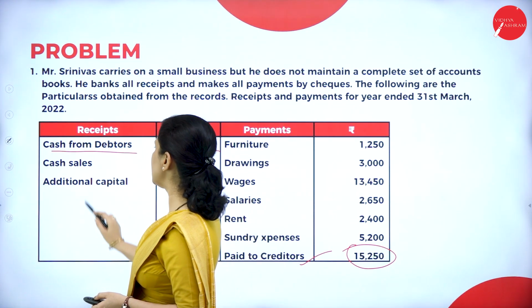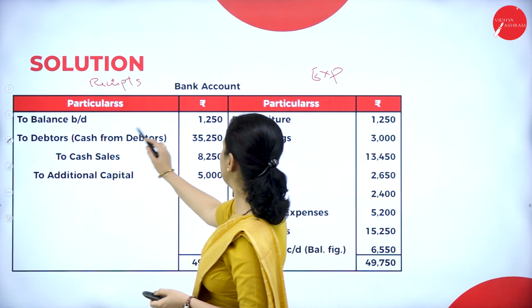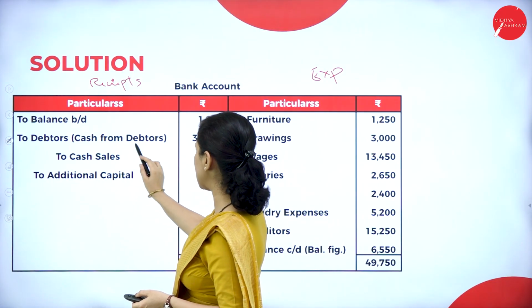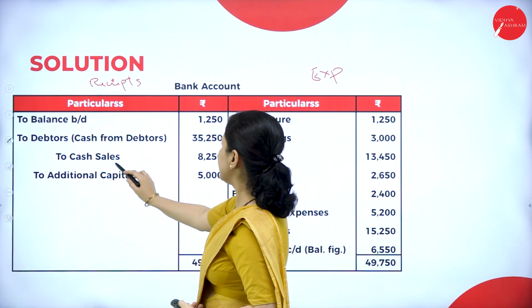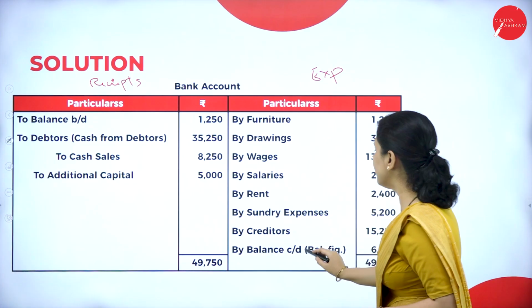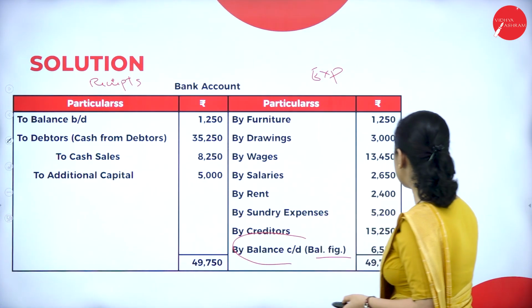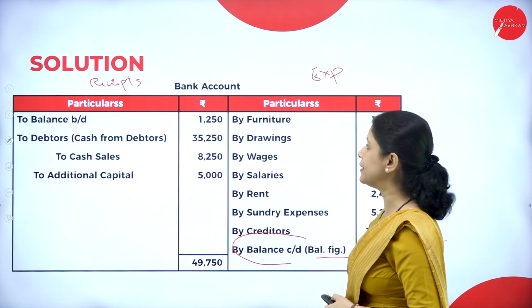Cash from debtors, cash sales and additional capital. So, the balance is already written. Debtors, that is cash from debtors, this one, 35,250, and cash sales will come and additional capital will come. So whatever is the balance here, this is the closing balance of the bank. So, this is the balancing figure.